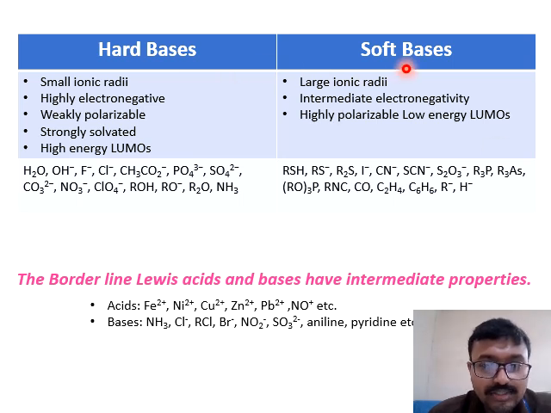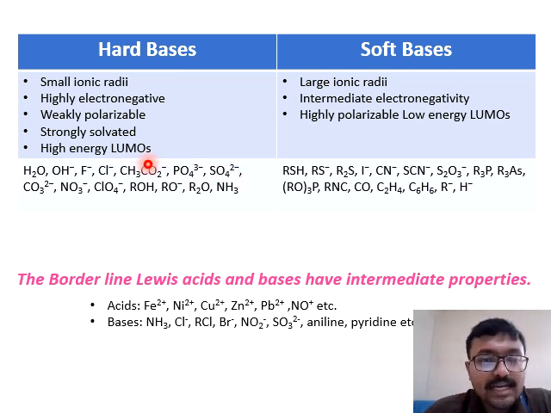Hard bases and soft bases. Hard bases have small ionic radius, highly electronegative atoms, low polarizability, strong solvation, and high energy orbitals. These are the characteristics of hard bases. Examples: water, OH minus, F minus, CH3COO minus, PO4 3 minus, SO4 2 minus.